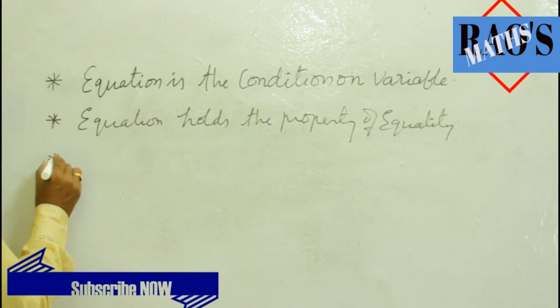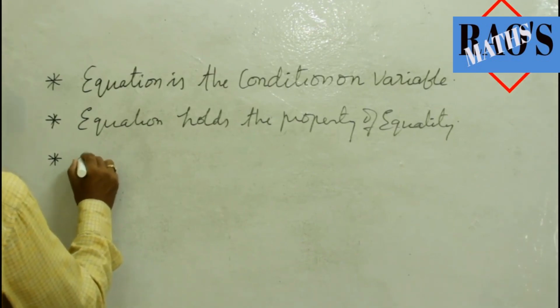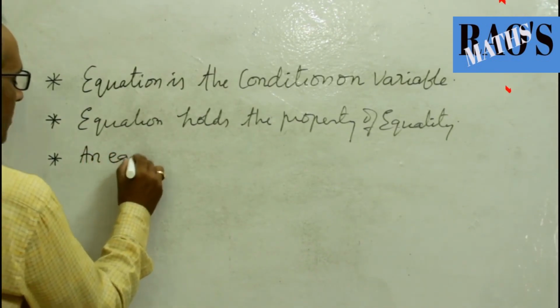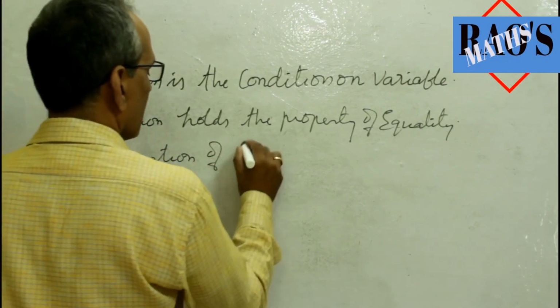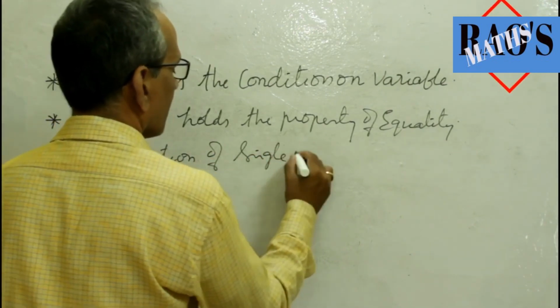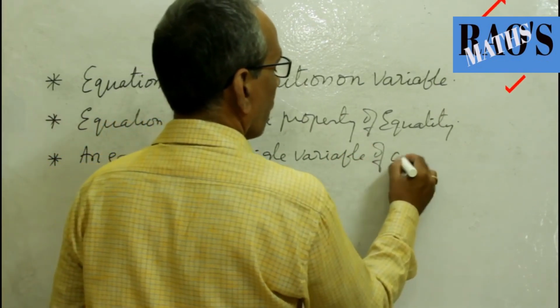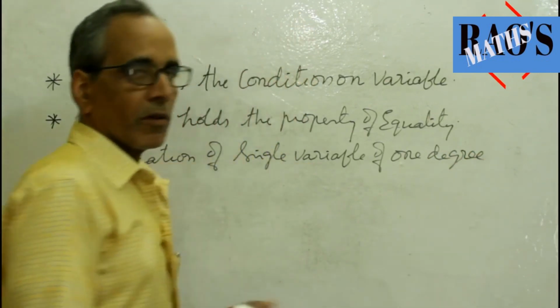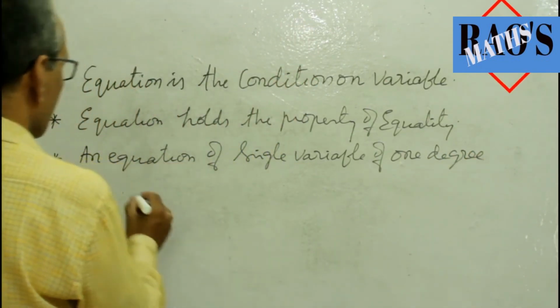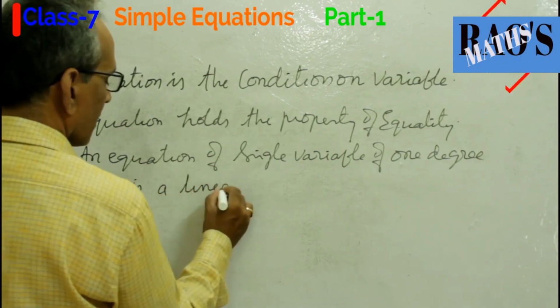Next, an equation of a single variable of 1 degree, here degree is nothing but the power of the variable, 1 degree is a linear equation.